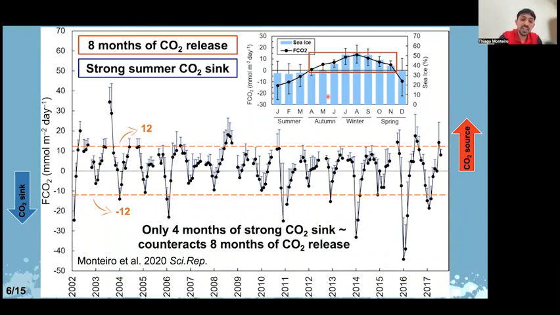Another important point here is that in this case, we take into account the sea ice cover to calculate the CO2 fluxes. And we can see in this inset that even in the summer, the percentage of sea ice is about 30%.